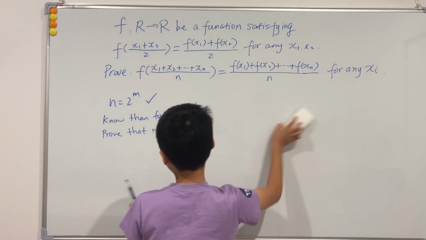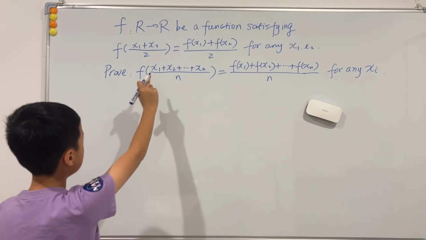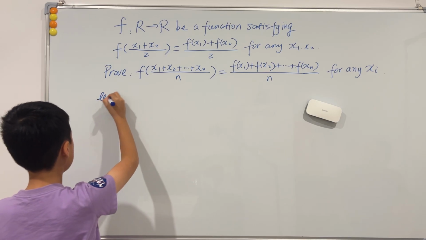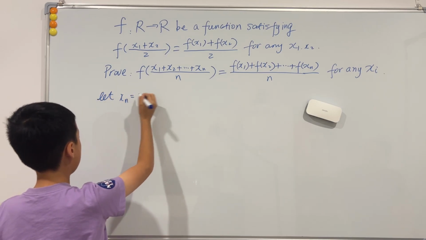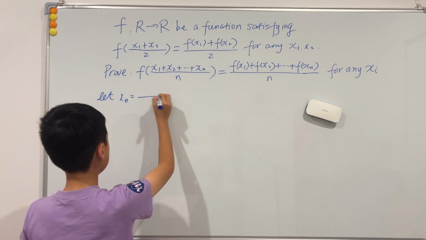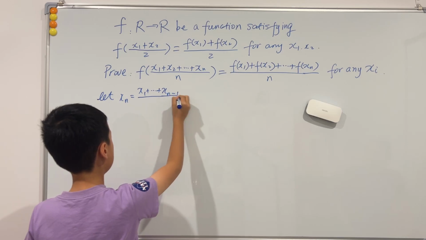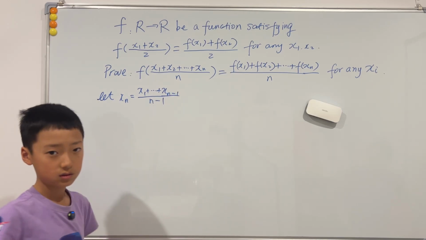So if I rub this out, we just let xn be the average of all the items behind it. So x1 all the way to xn minus 1 over n minus 1.